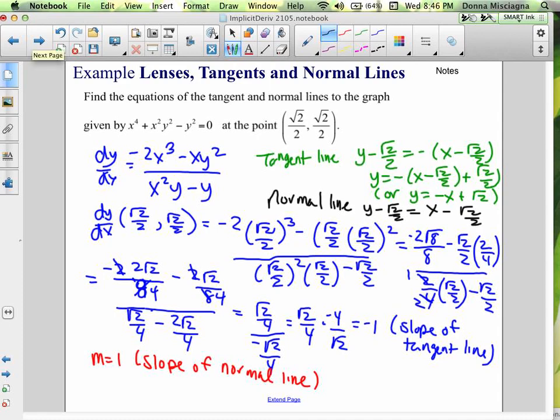And if I add the square root of 2 to both sides, if I wanted to write it in slope-intercept form, this would just be y equals x, because negative square root of 2 over 2 plus a square root of 2 over 2 is just 0. So there we have it, our tangent line and the normal line. Not too difficult once we're done. Pretty easy slope.